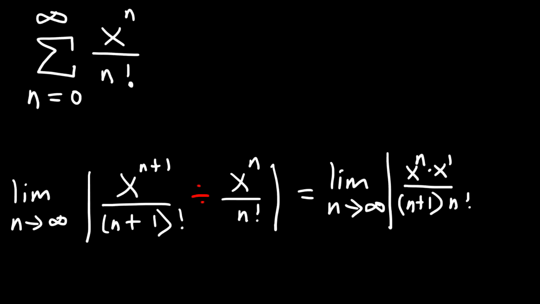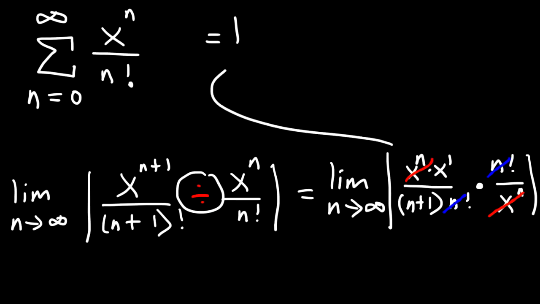And then using the expression keep, change, flip, we're going to change division to multiplication, and we're going to flip the second fraction. So it's n factorial over x to the n. So we can cancel an n factorial, and we can also cancel x to the n.